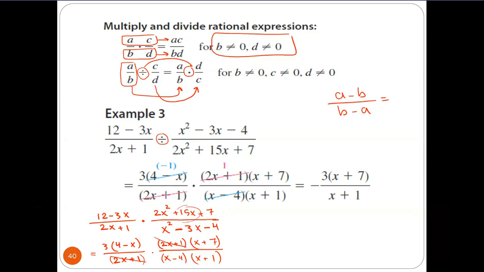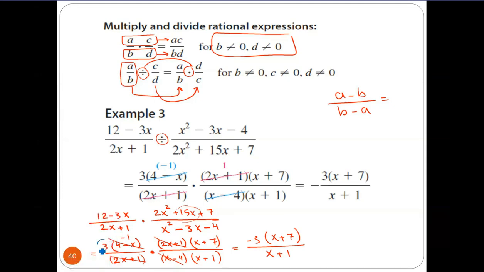What's the value, negative 1? Good. So cancel x minus 4 with 4 minus x and replace with negative 1. Now from the first fraction we have negative 3, and the second fraction we have x plus 7, and the denominator equals x plus 1.